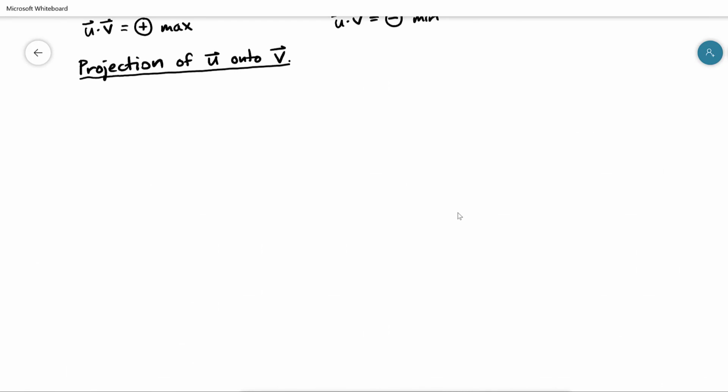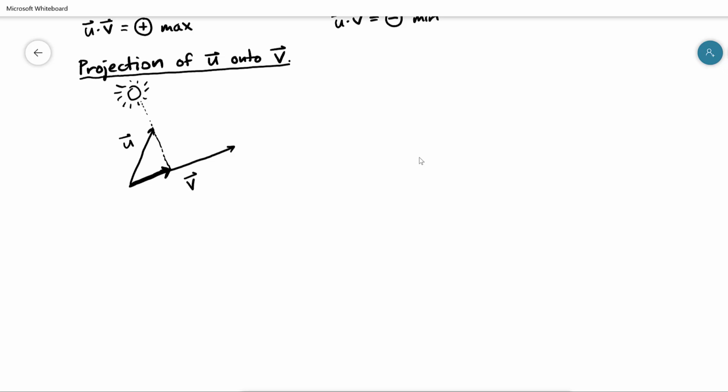So I think the easiest way to start this is by looking at a picture. So if I've got two vectors, here is my vector u, here's my vector v. I want to project the vector u onto v. And by that, I mean I want to basically imagine that the sunshine is up here and directly above, and it's casting the shadow, and I want to see this vector right here.